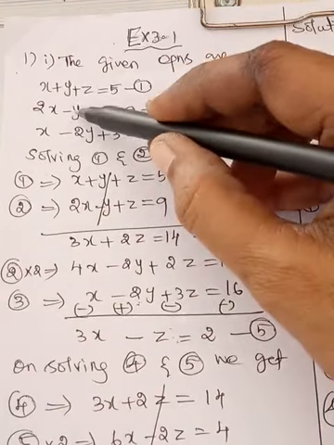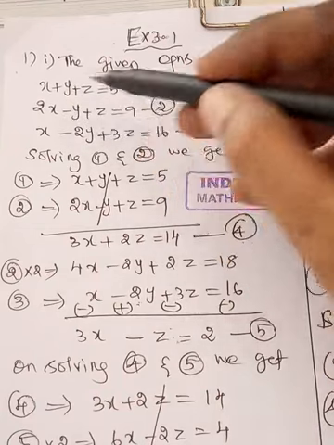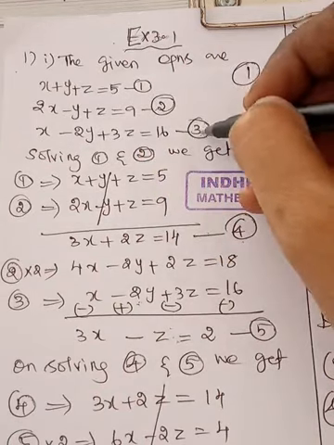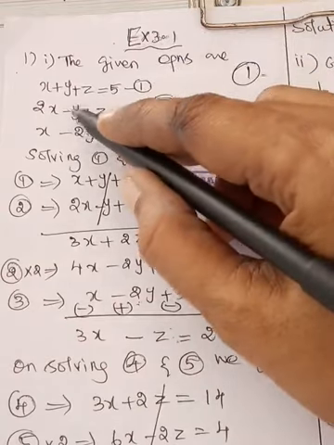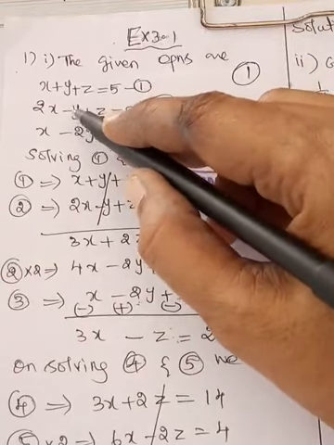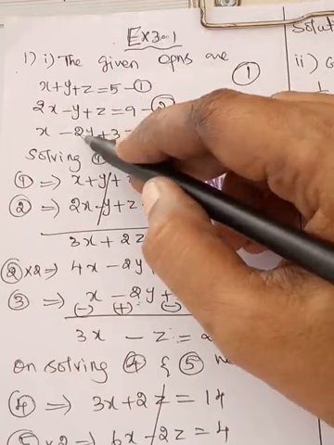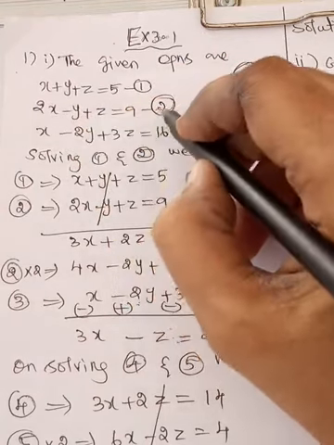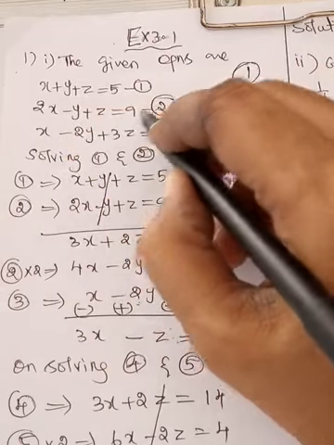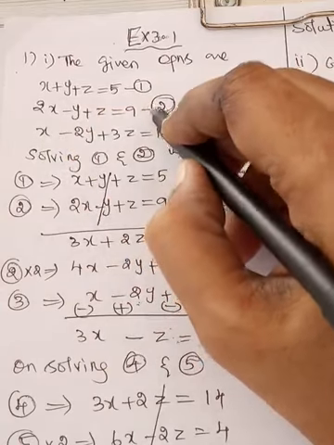Now in equation number 2, the coefficient of y is minus 1. In equation number 3, the coefficient of y is minus 2. So if we have 2 here, we can have the same coefficient. So I need 2 here. That means I want to multiply equation number 2 by 2.